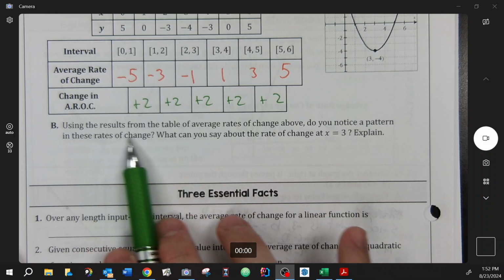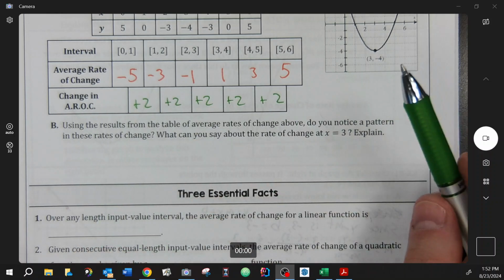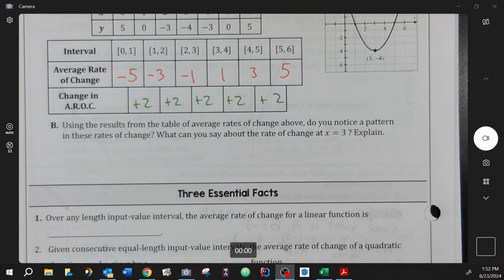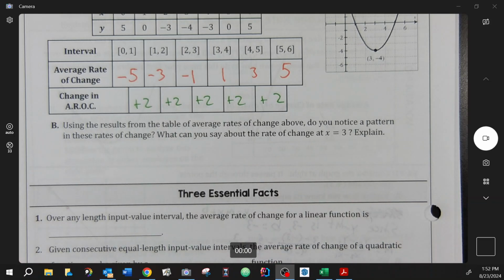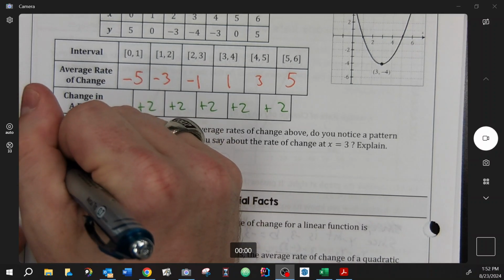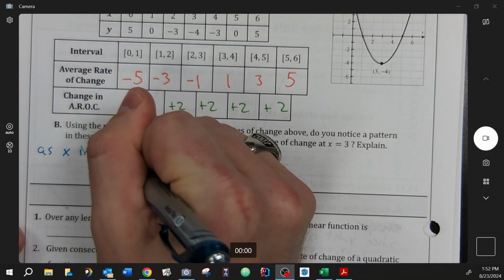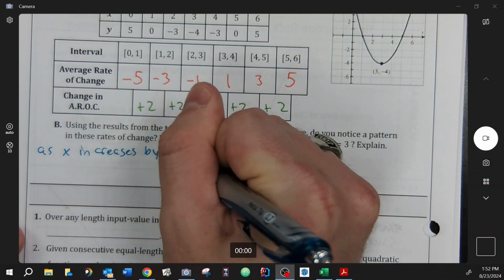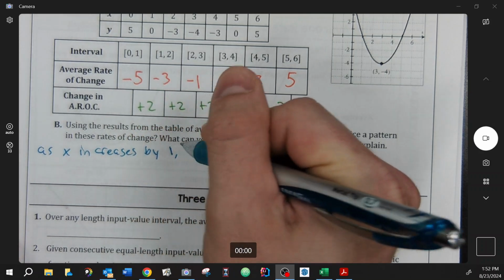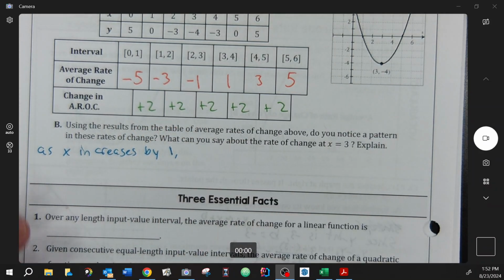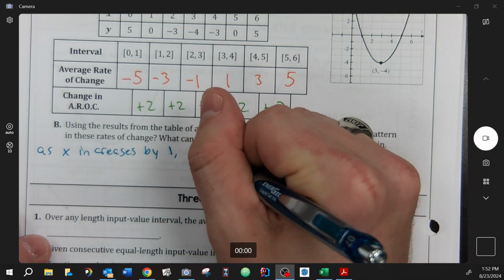Do you notice a pattern in the rates of change? Yes. What we know in the pattern of rates of change is that they are increasing every single time by 2. And so we could say formally in words, as x increases by 1, the rate of change increases by 2. The AROC increases by 2.